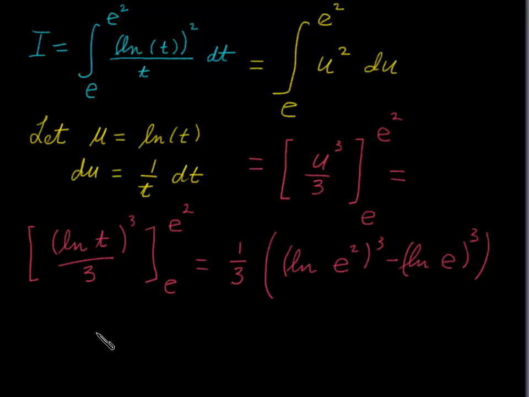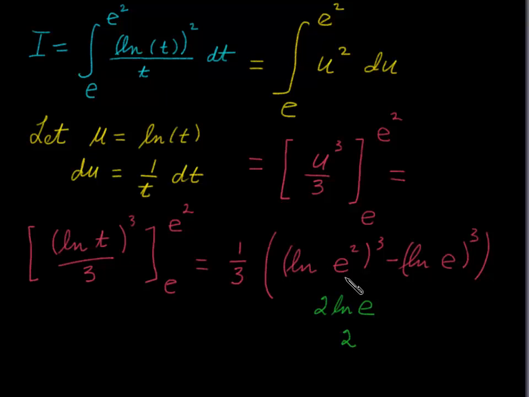So they're substituting. Now let's think about the powers of logarithms here and what we know and how they work. The log of e squared, so this is just kind of an aside, would be 2 natural log e, and the natural log of e would be 1, so this would just be 2.